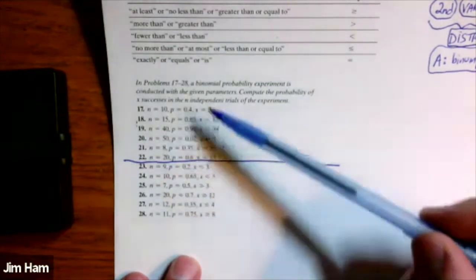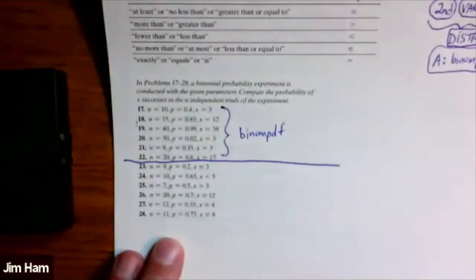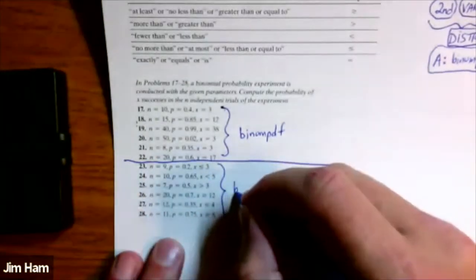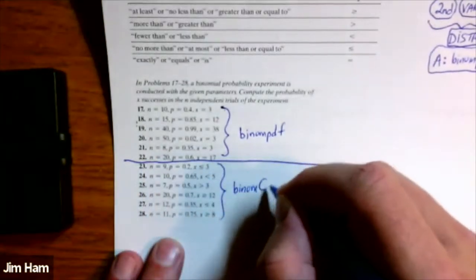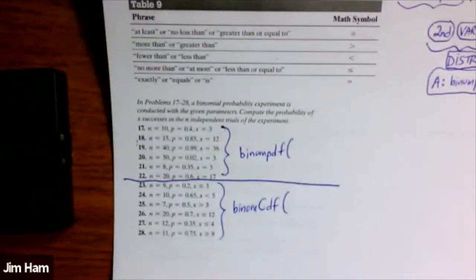So for these up here, we're going to use binomial PDF. This is when you have one specific value. And if you have an inequality symbol like this, we're going to use binomial CDF. C stands for cumulative, accumulating. You're going to add up a bunch of probabilities from 0 up to some ending amount.